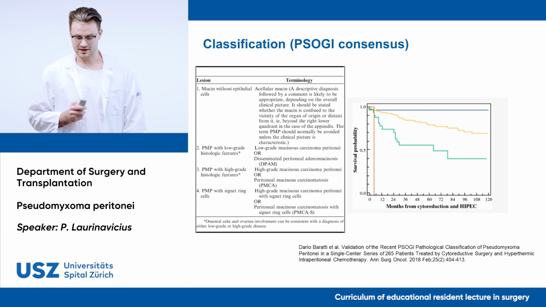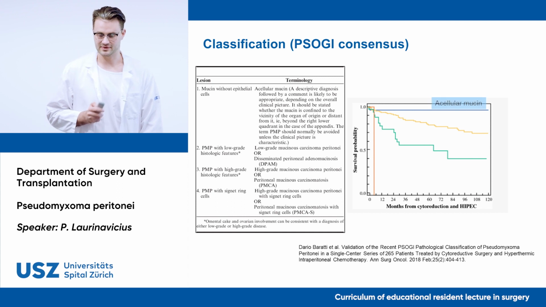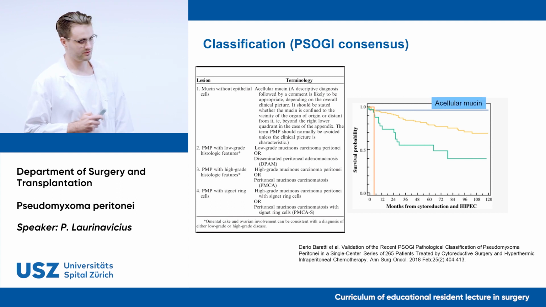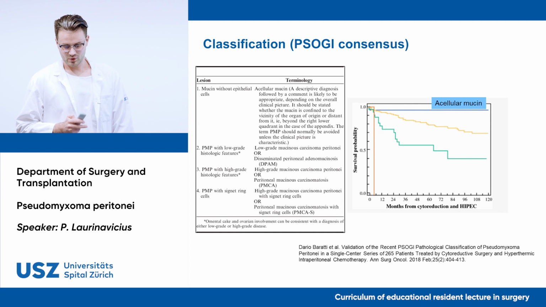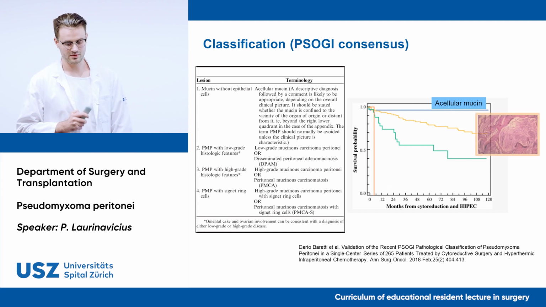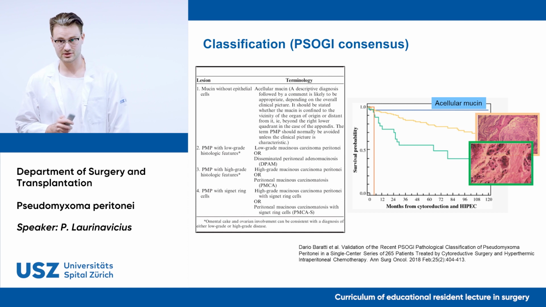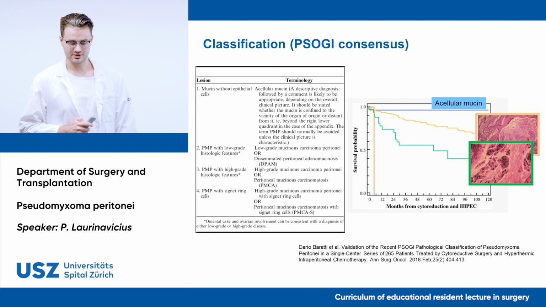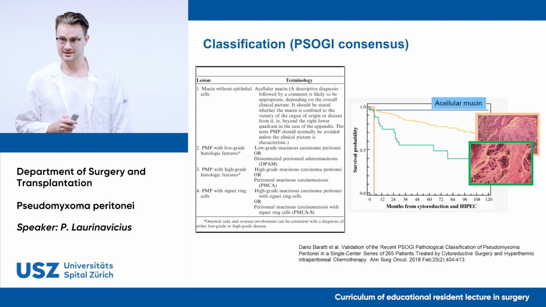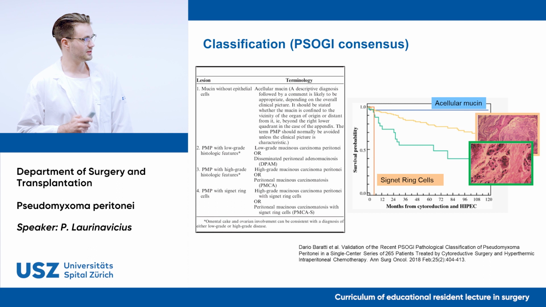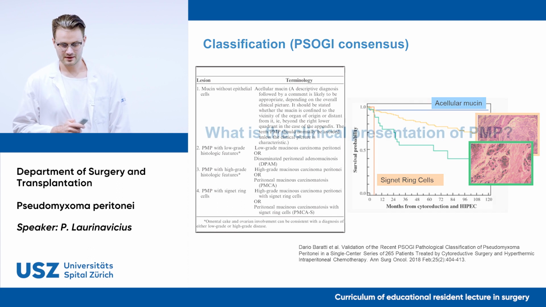Firstly, we can have mucin without any epithelial cells, and it has the best survival rates. Secondly, we can have mucinous carcinoma peritonei with either low or high-grade cytological atypia. And the last type is the high-grade mucinous carcinoma peritonei with signet ring cells, which has the lowest survival rates.